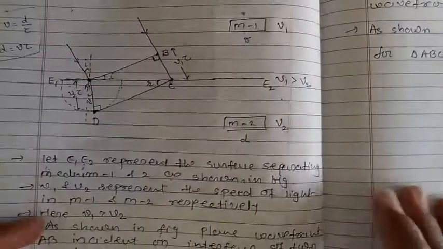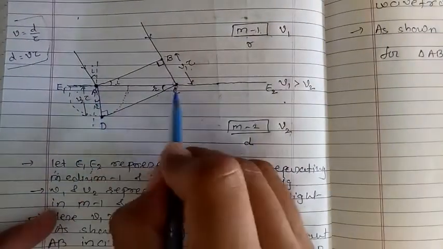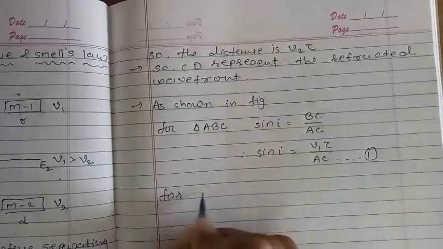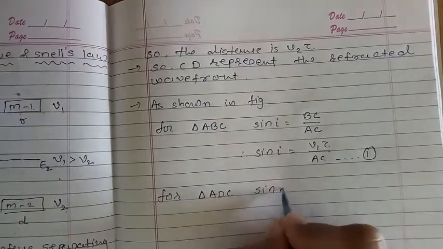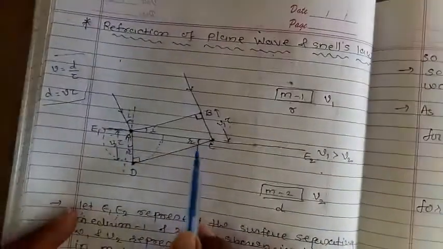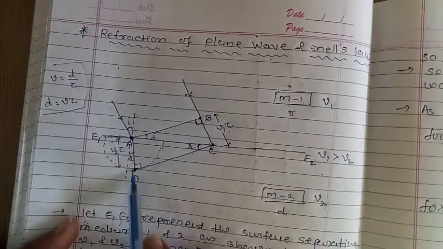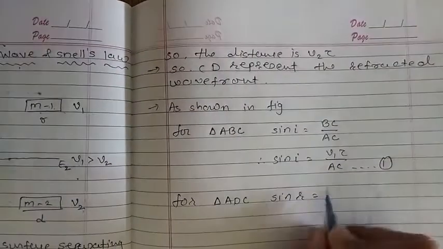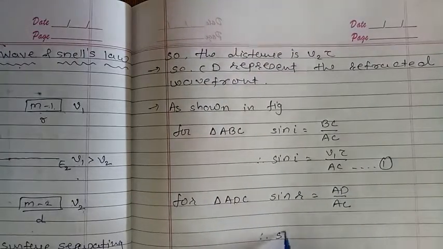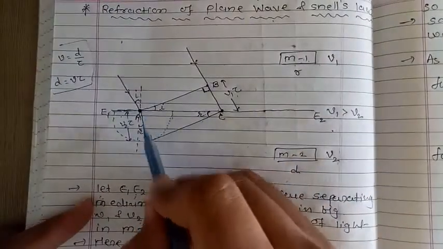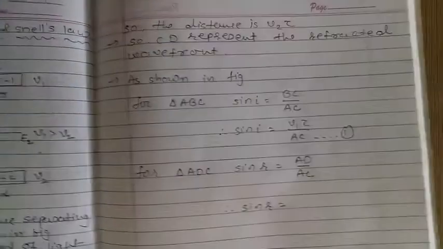Now for triangle ADC, right? So for triangle ADC, once again sin R is equal to AD upon AC, right? So sin R is equal to, we know the value of AD is V2 tau, right?